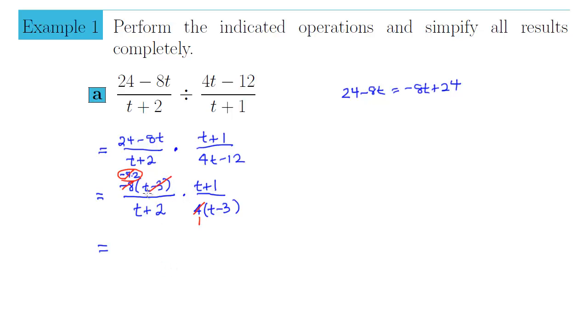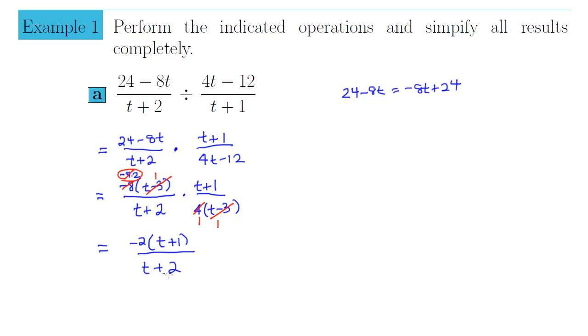I can also cancel the common factor of t minus 3. And so what does that leave me with? Because nothing else will cancel. That leaves me with negative 2 times t plus 1 all over t plus 2 times 1, which is just t plus 2.